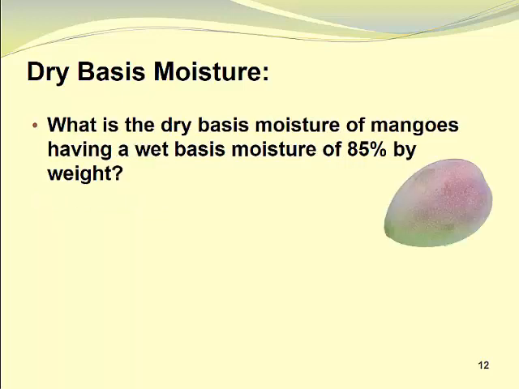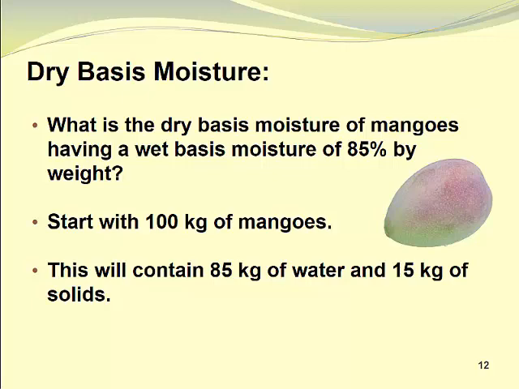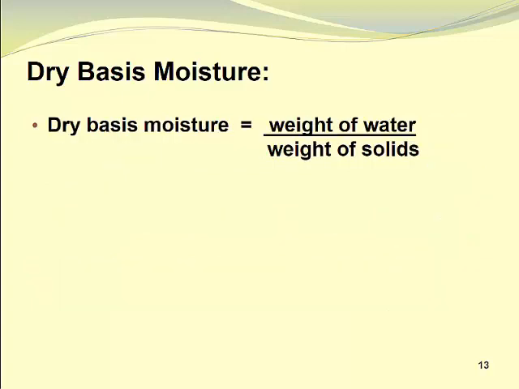What is the dry basis moisture of mangoes having a wet basis moisture content of 85% by weight? We will start with 100 kilograms of mangoes. This starting weight will contain 85 kilograms of water and 15 kilograms of solids.